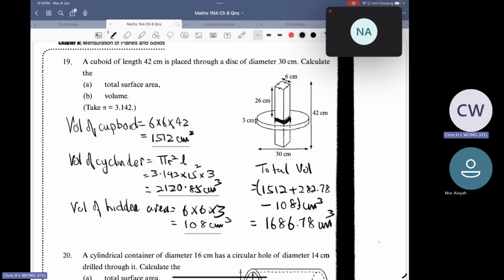So this is wrong, I'll take this away. 2120.85 plus 1512 minus 108 will give you 3524.85 cm cube. Correct. Answer.